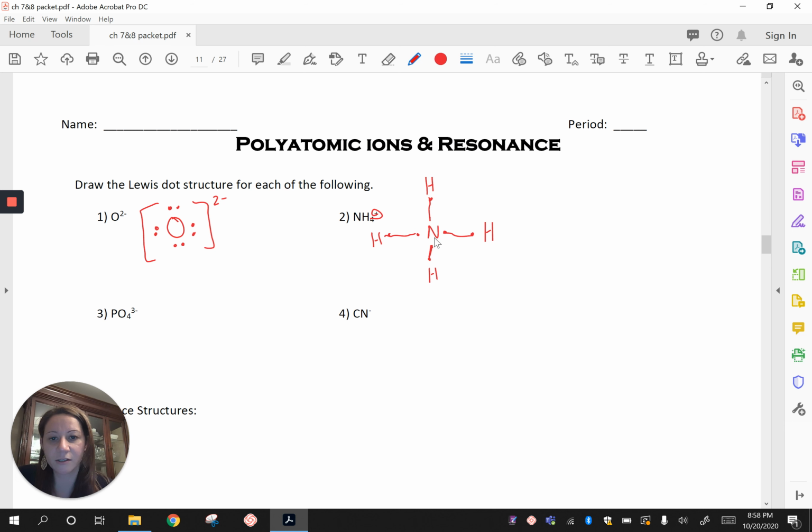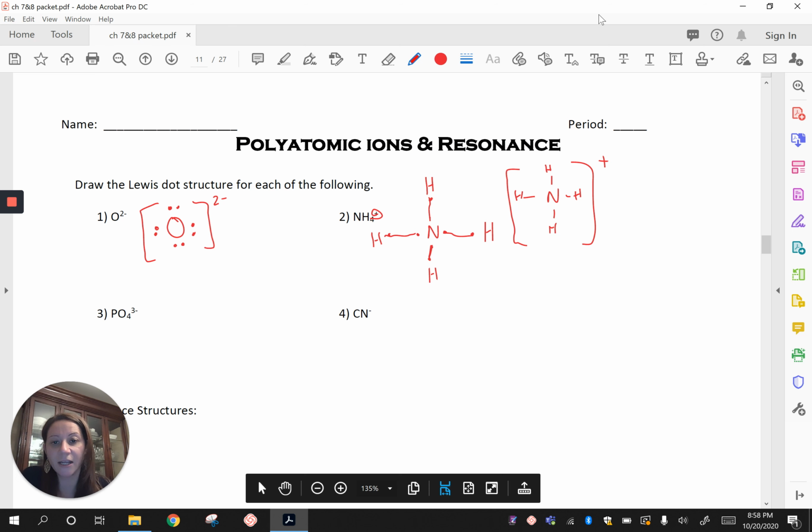So nitrogen has its octet, each hydrogen has its duet, so everybody's good. I'm going to just rewrite it so it looks neater, like this. And then because it's an ion, you've got to put the brackets around and the charge. So that's what it looks like.